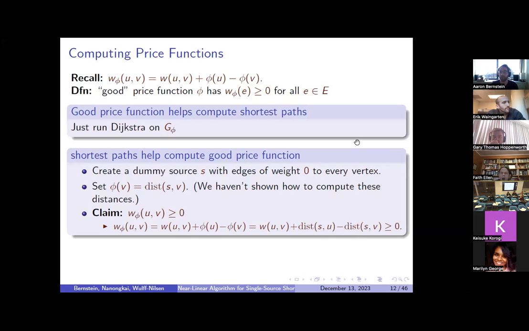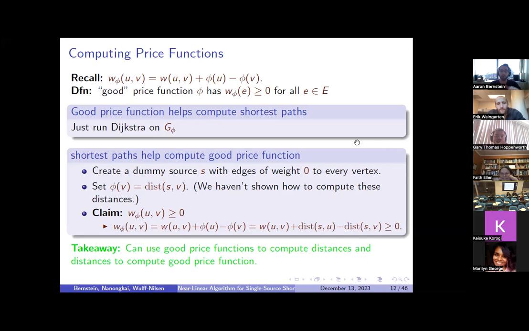And you can show by the triangle inequality that this is a good price function. All the edge weights become non-negative. The details aren't so important here. What's important is just that if you can compute shortest distances, you can compute a good price function, and if you can compute a good price function, you can compute shortest distances, and we're going to constantly be translating between these two.